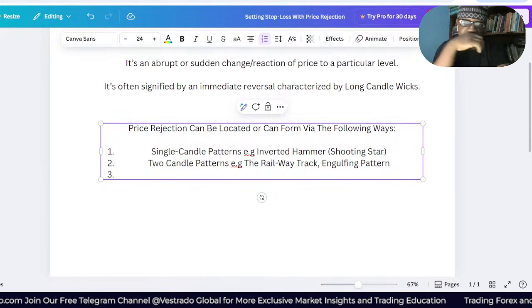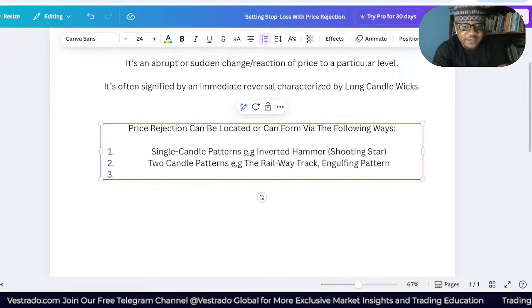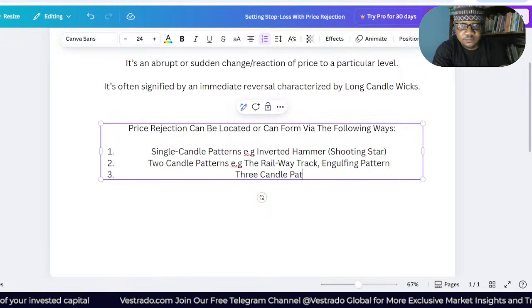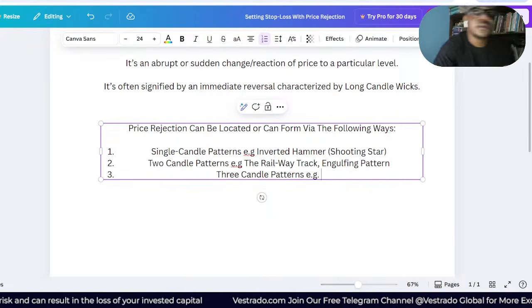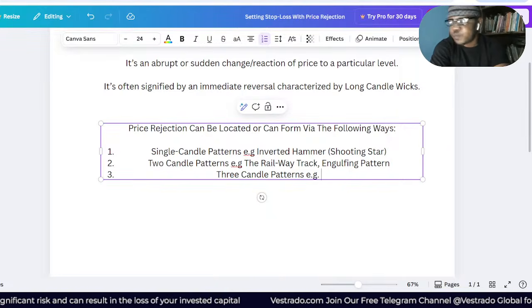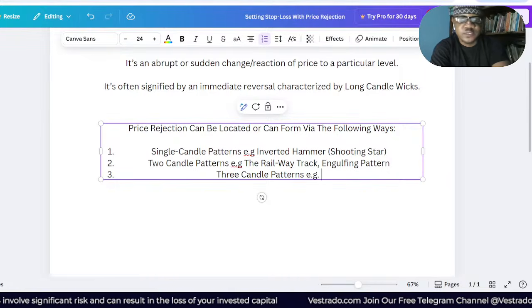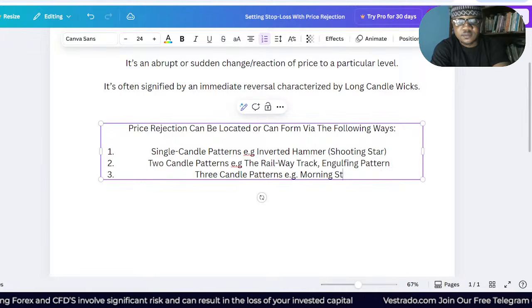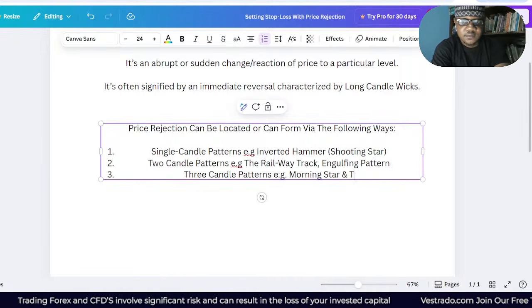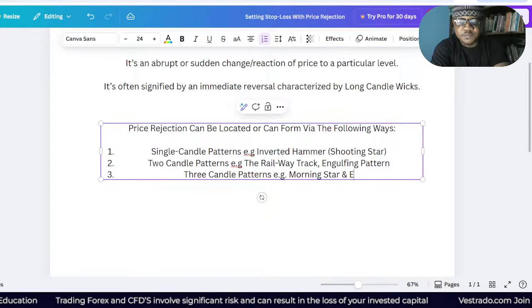An abrupt change in the direction of price, right? And finally, three candle patterns. Most likely for me, the most common way to spot price rejection that I like to use are the morning star and the evening star.